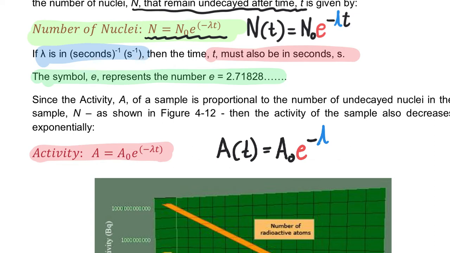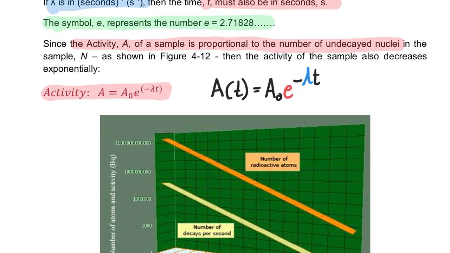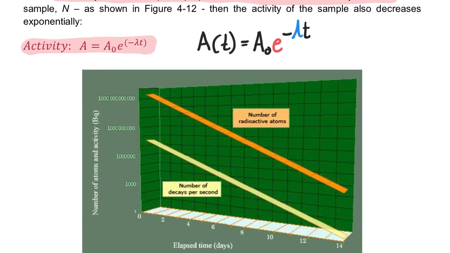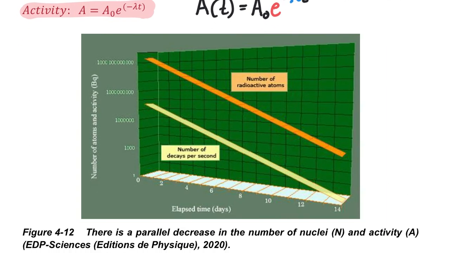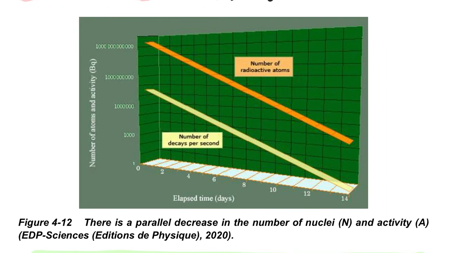And just to reiterate, this is because the activity is proportional to the number of undecayed nuclei in the sample. So if we look at this representation here, we see it talks about a parallel decrease in the number of nuclei and the activity. I would like to mention, however, that this shouldn't be linear, but should be more curved, as it is in actual fact an exponential graph.